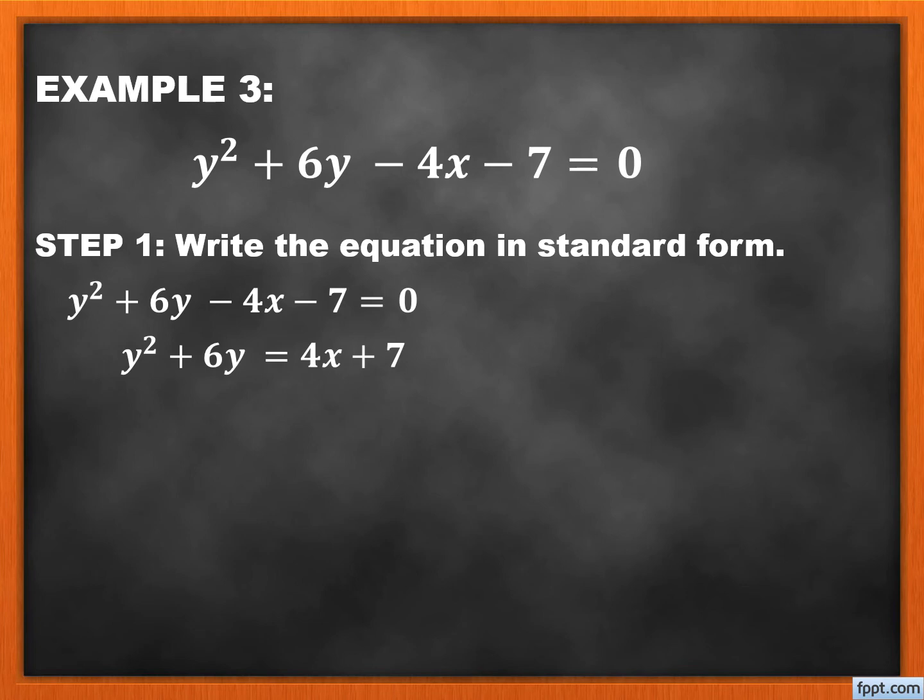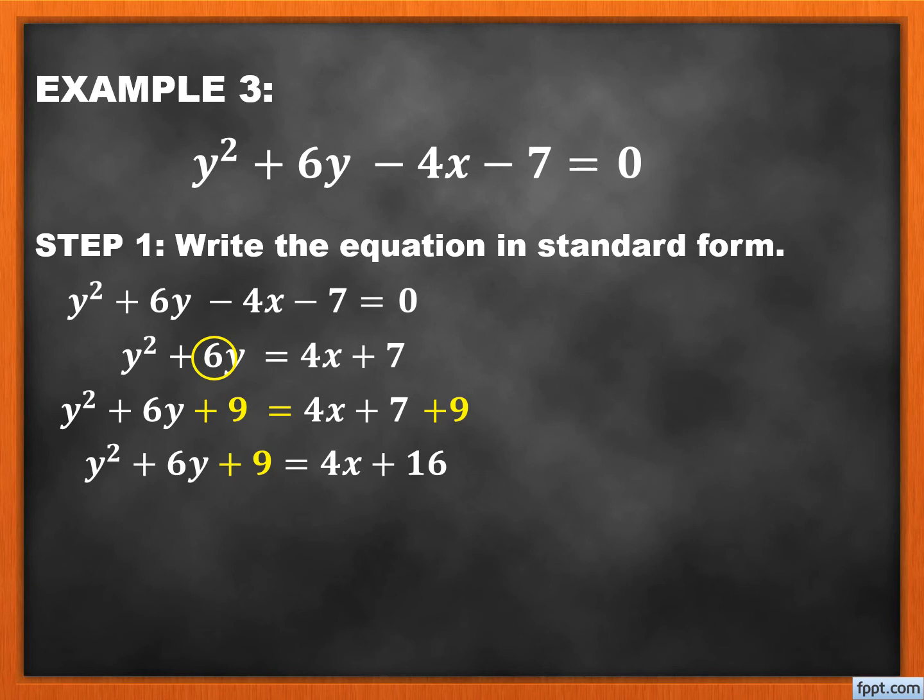By completing the square, we divide 6 by 2, that is 3. Then square the answer. 3 squared is equal to 9. Therefore, we add 9 to both sides of the equation. So we have y squared plus 6y plus 9 equals 4x plus 7 plus 9.